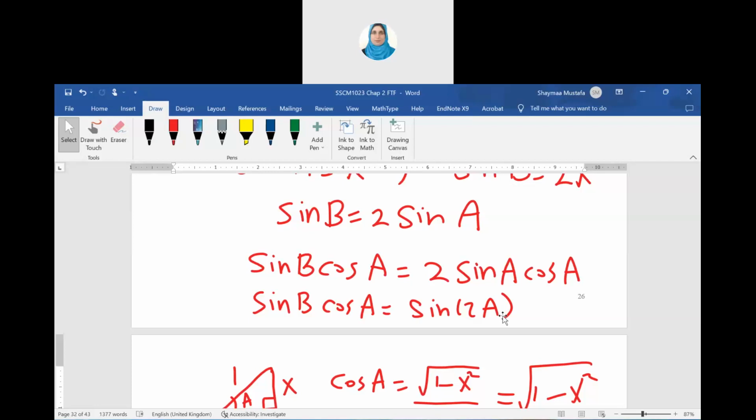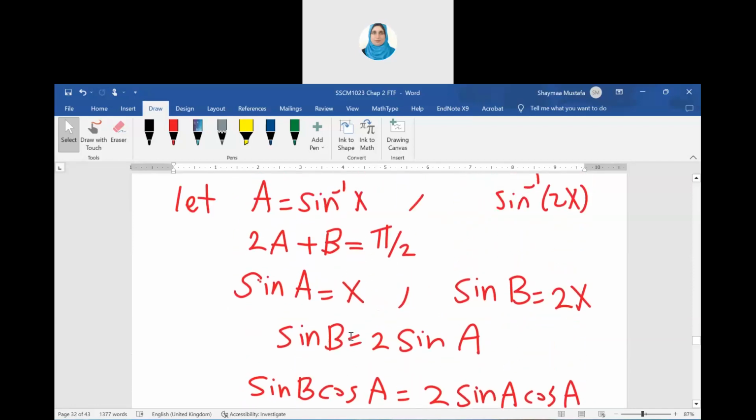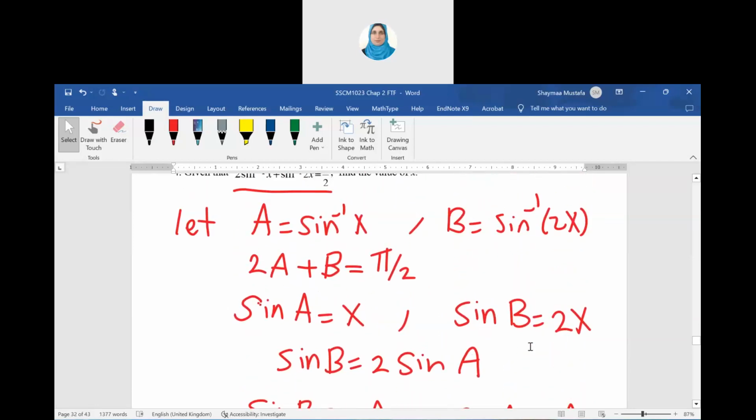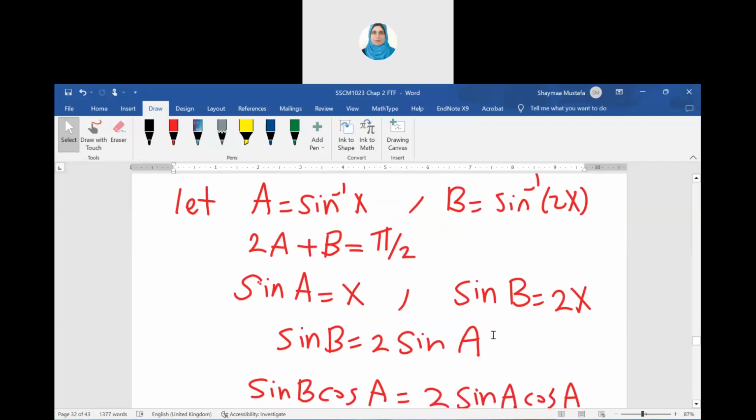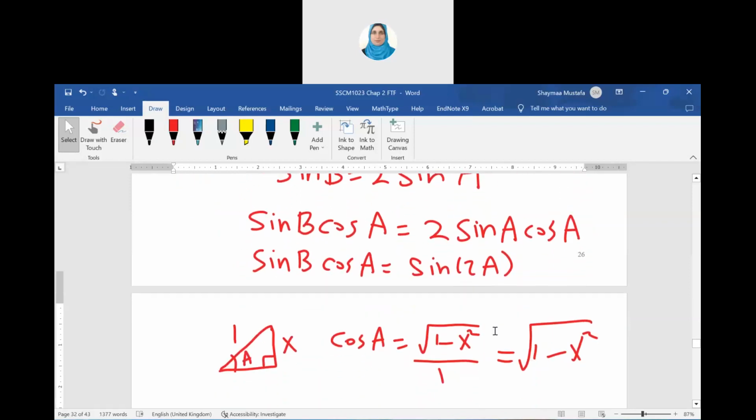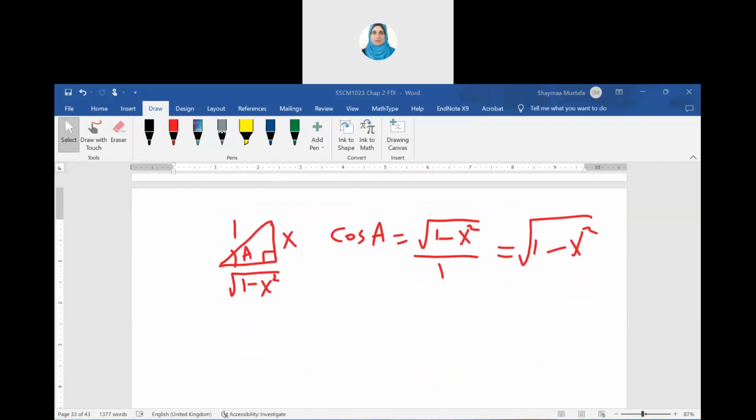Yes, you can go back to 2 sine a cos a. But if you calculate this one, you will again cancel cos a with cos a, and this will not give you anything extra. So I will go for using sine b is equal to x. I can show you here.